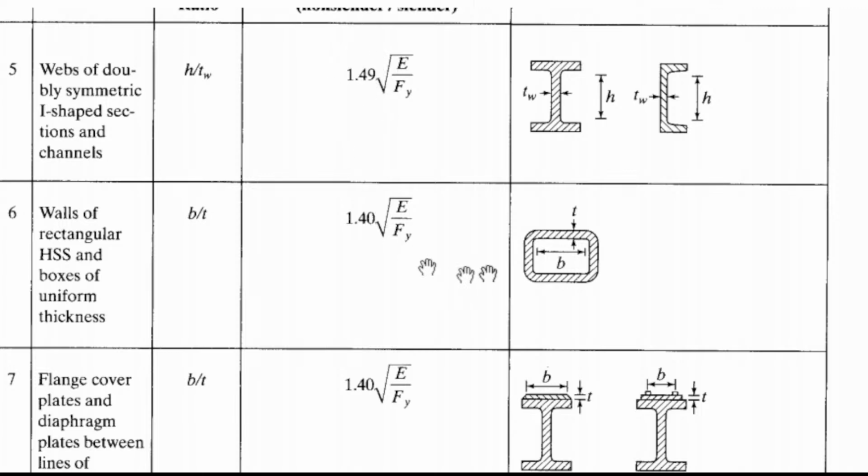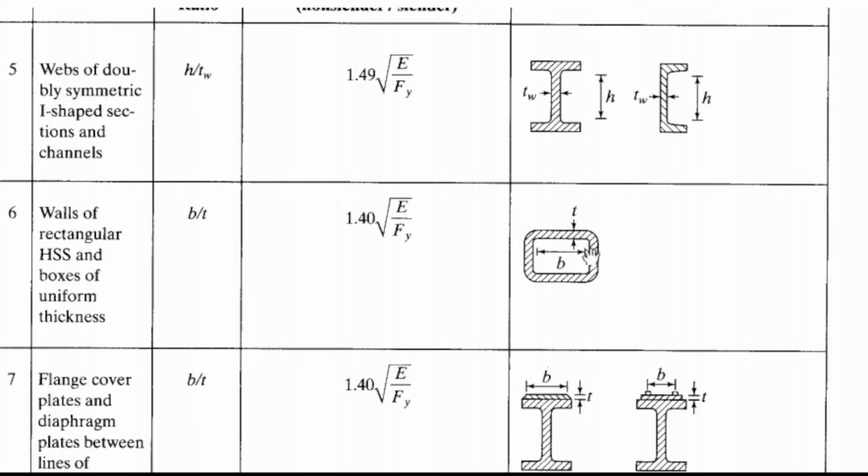So I section and C channel, take a look. Corner to corner, that is h, then thickness of web. So case 6, walls of rectangular HSS and boxes of uniform thickness.